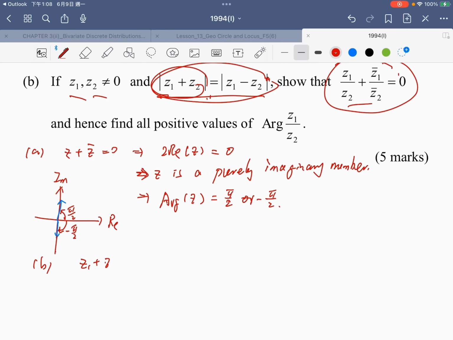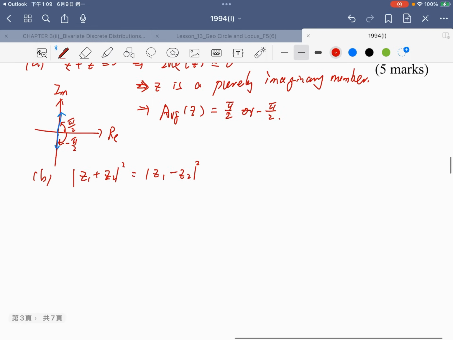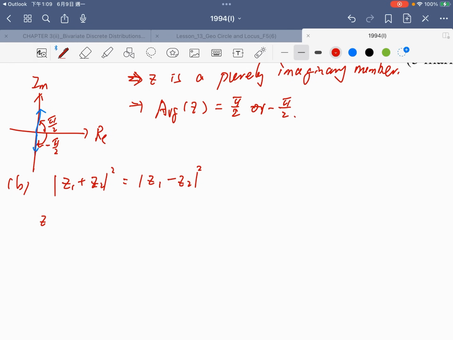Taking square can be changed to the multiplication of complex number. That is z1 plus z2 times z1 conjugate plus z2 conjugate. And on the right hand side, also z1 minus z2 times z1 conjugate minus z2 conjugate.